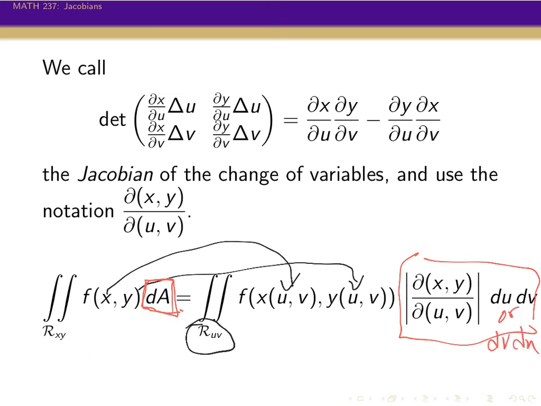Doesn't really matter. Okay. But this Jacobian here is sort of playing the role of, when we go from dx to du, the factor that we have to bring in to make that substitution. And in fact, this idea of Jacobians is, deep down, the exact same thing in theory as what we do when we go from dx to du in one dimension.